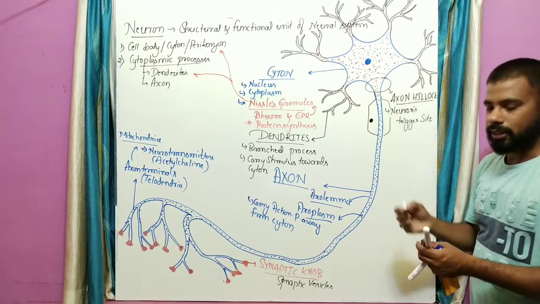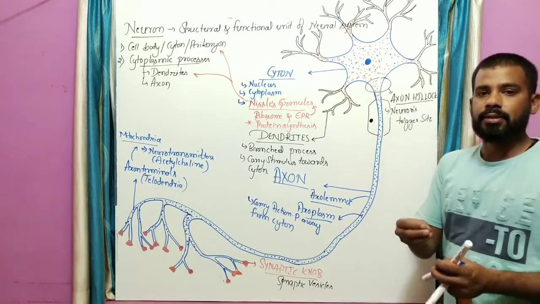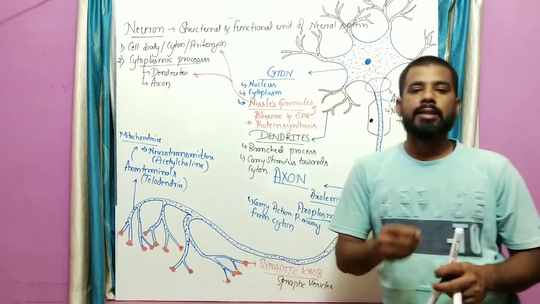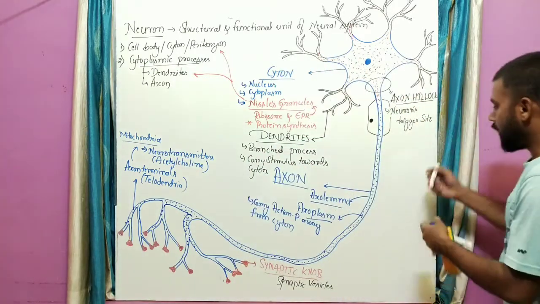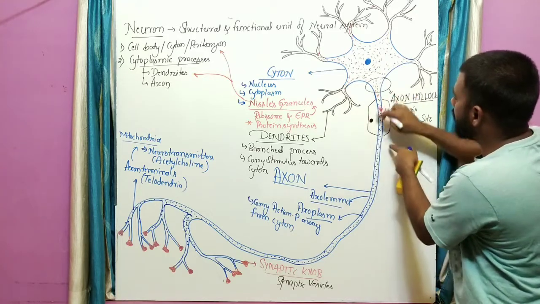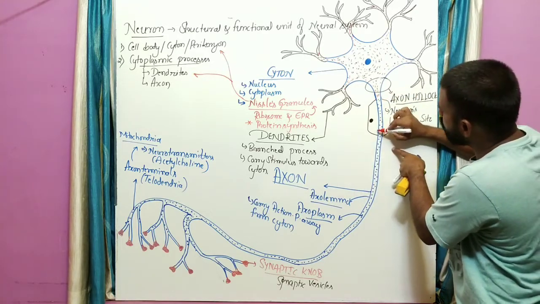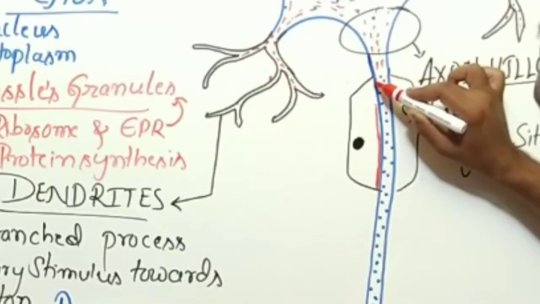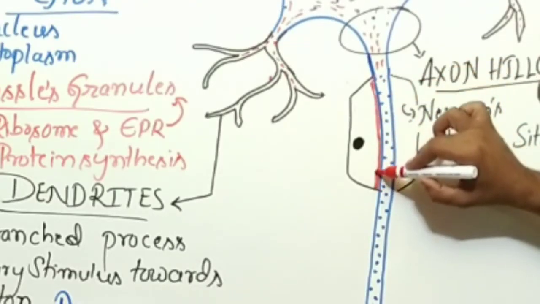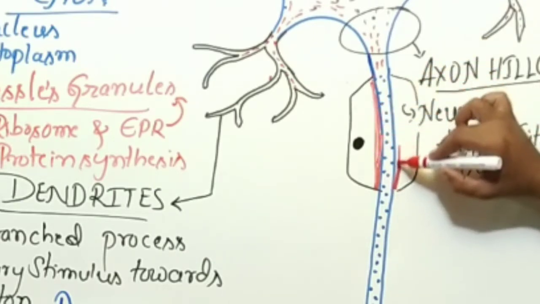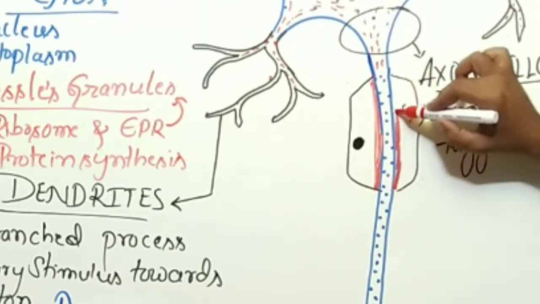These Schwann cells synthesize a specialized phospholipid called sphingomyelin. That phospholipid layer surrounds the axon at this region and is called the myelin sheath.